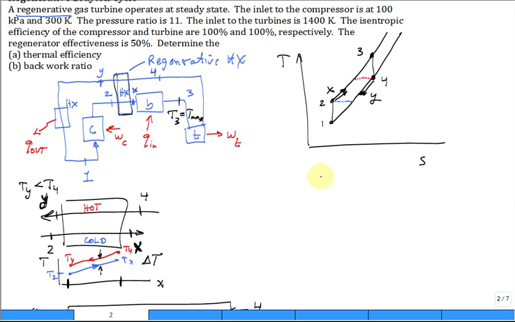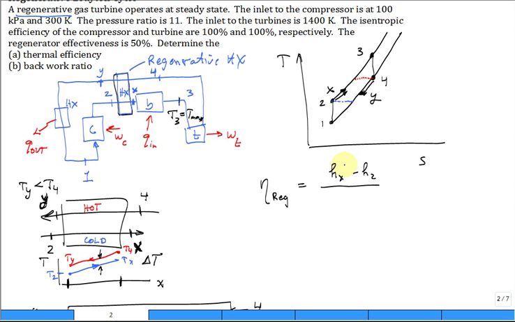So what we do is we have the efficiency, or the effectiveness, as this book calls it, of that regenerative heat exchanger. They use a symbol like eta, REG. So it's the regenerative heat exchanger effectiveness. The actual amount of transfer, you could do it from the perspective of the cold fluid being heated up, going from H2 to HX.